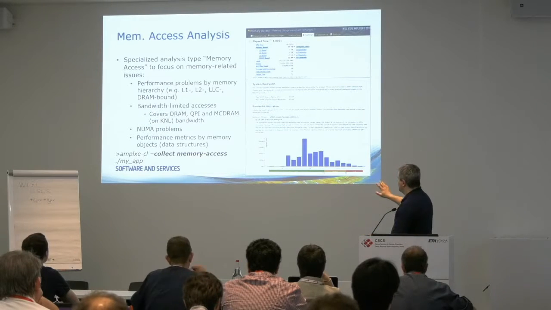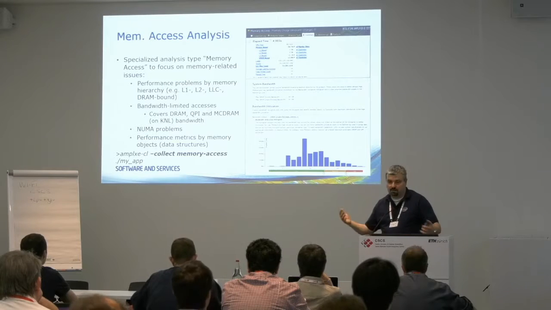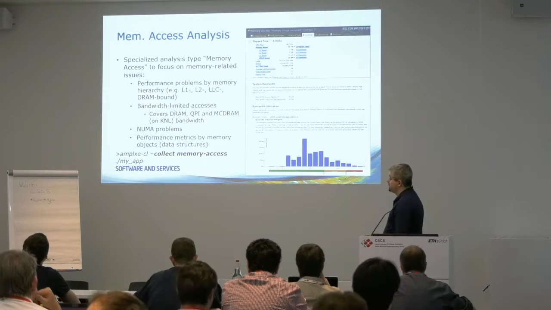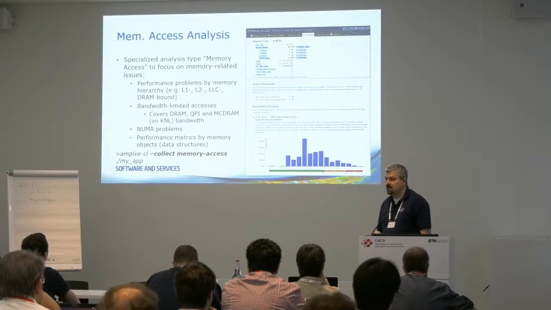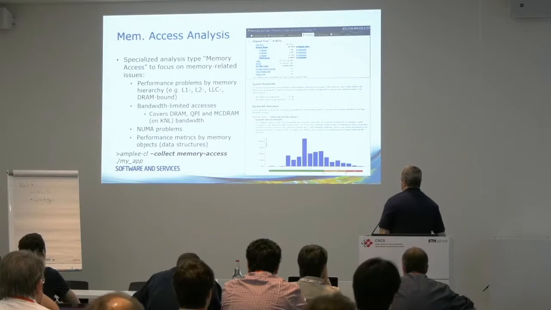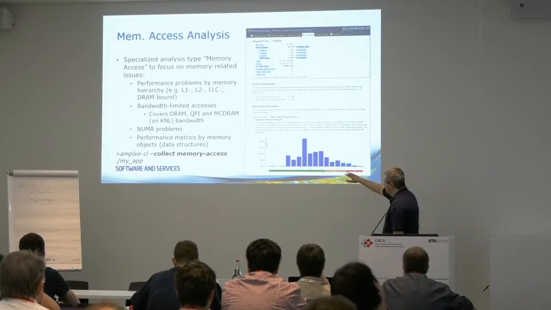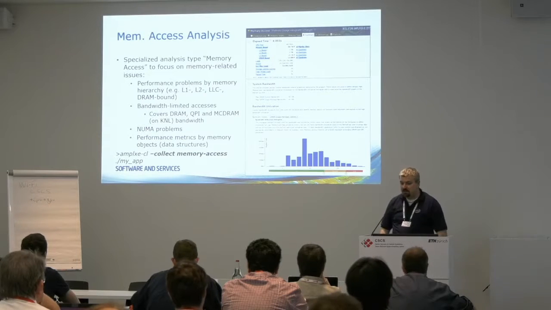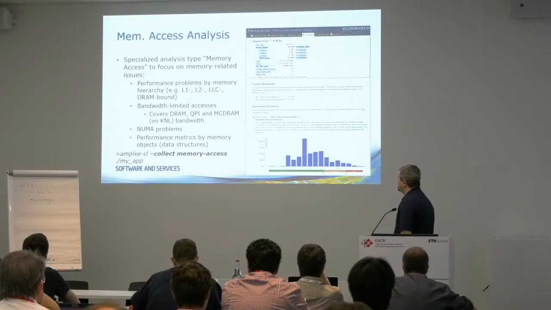This is a rather low memory bandwidth when you think about a DRAM system that should deliver something like 60 gigabytes per second on a socket. So you can see how much memory bandwidth you actually utilize and for how long.